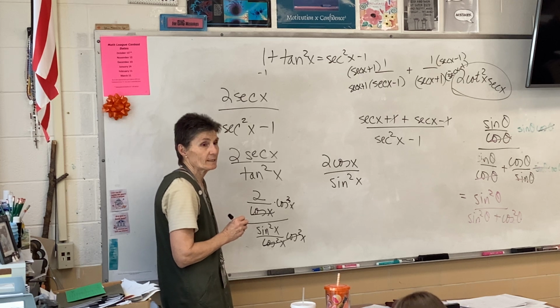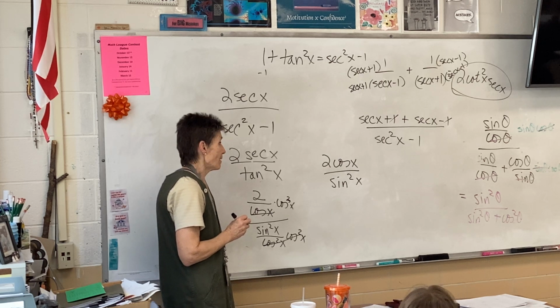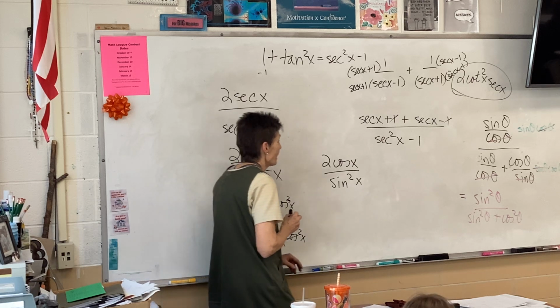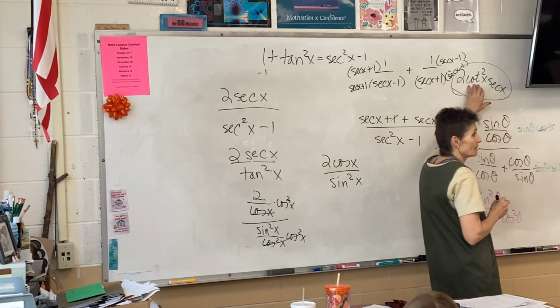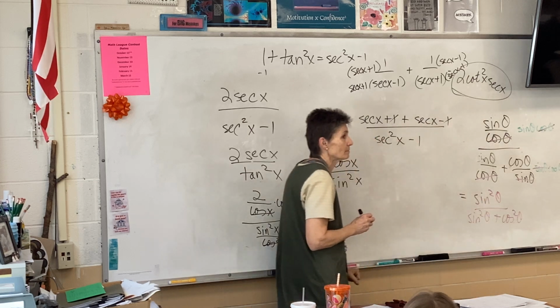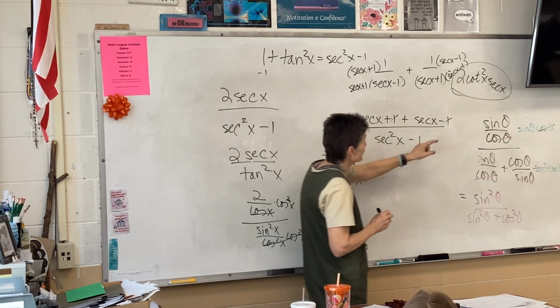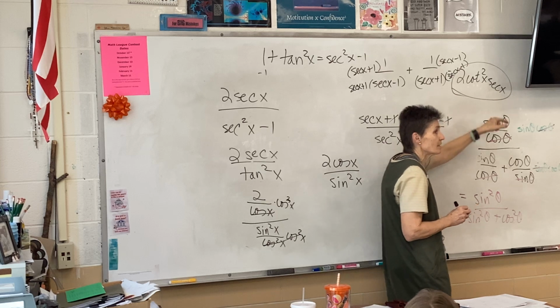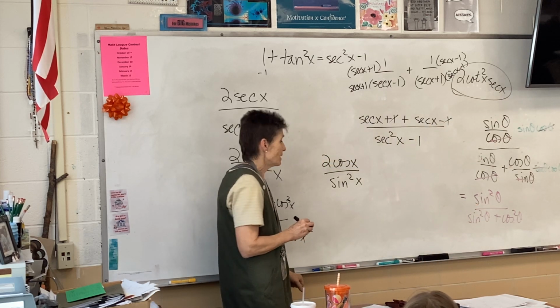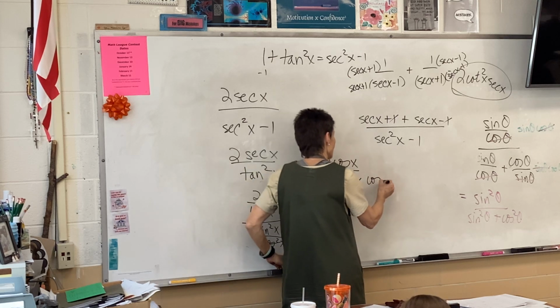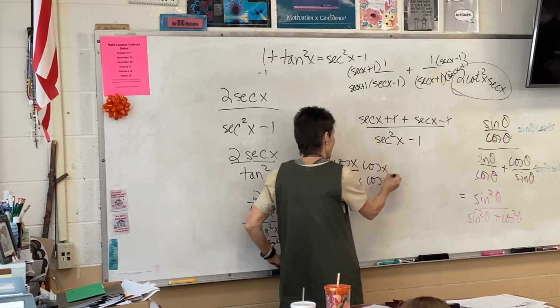This one's kind of tricky because I need to end up with a cotangent squared, and I need to end up with a secant, which would be a cosine in the denominator. So what if I multiply top and bottom by cosine?